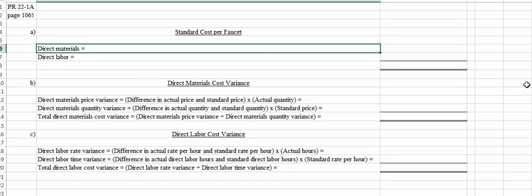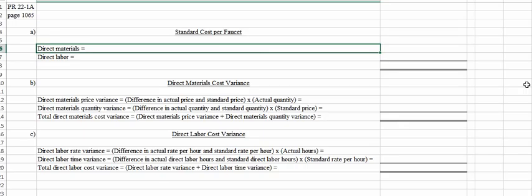Now, this was the system used by almost all manufacturers for a number of years. There are some methods of evaluating a production facility that are a little better thought of, maybe a little newer than standard cost. There are some problems inherent in setting standards and comparing actual results with those standards. If you think about it for just a second, you'll probably determine what the issues are.